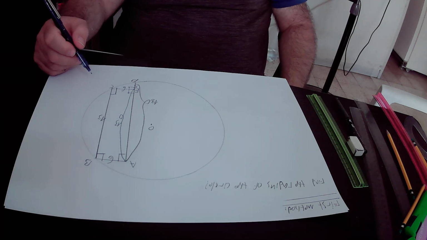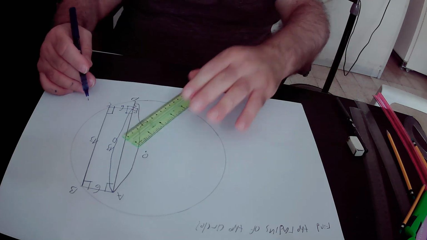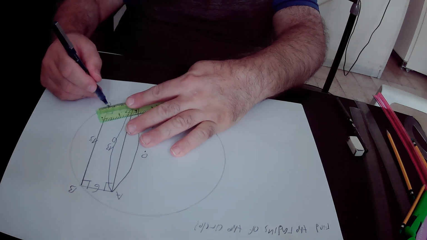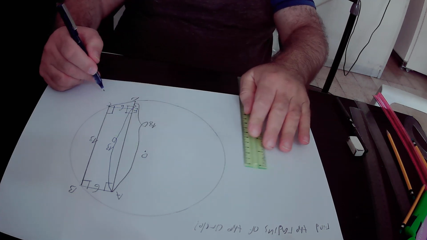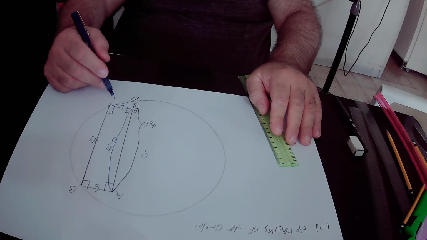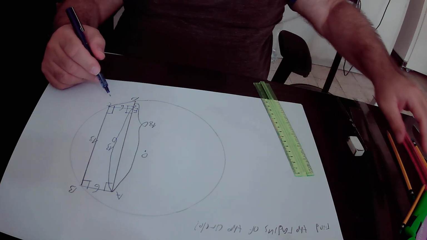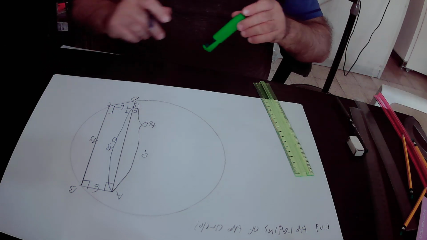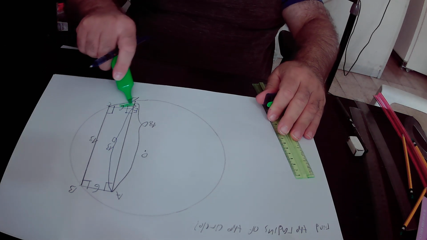In the next step, we will join points C and D together by a straight line. By joining points C and D, we actually created the right triangle ECD. So we will implement the Pythagoras theorem on the right green small triangle ECD.